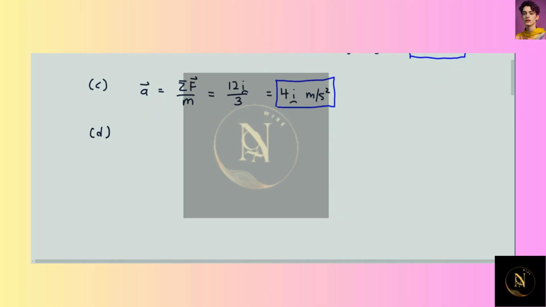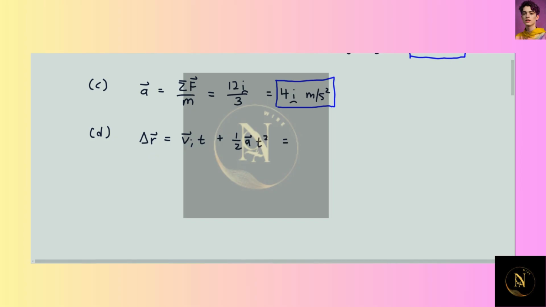In part D, we want to find the object's vector displacement. So we are asked to use this formula: delta r equals v_i t plus half a t squared.